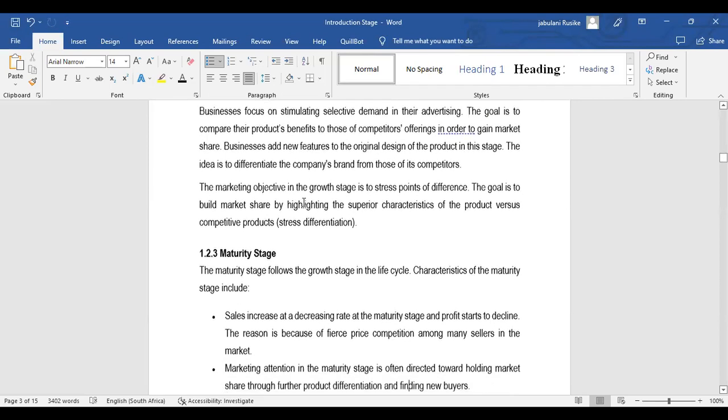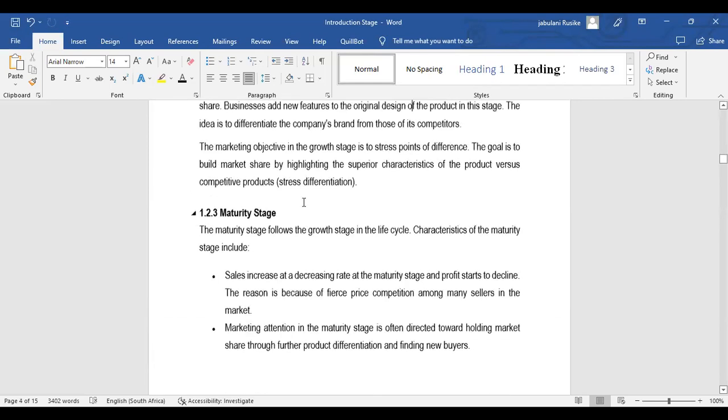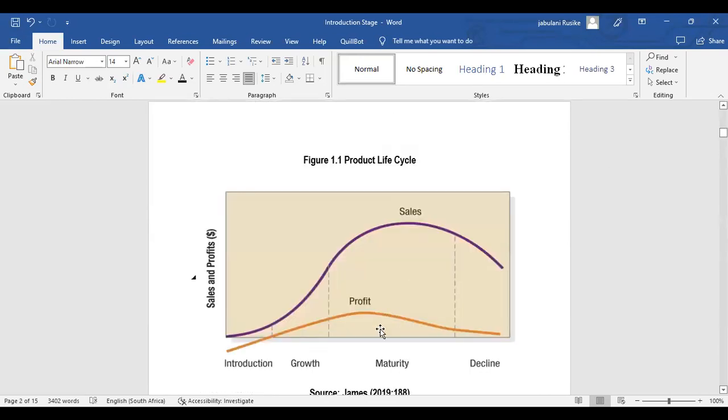Now the maturity stage is a stage that comes after the growth stage. The characteristic of the maturity stage is that this is where the sales have increased, because the people are now settled. They are satisfied with your product. And if you come to my diagram here, you can see that this is where the sales reach their peak.